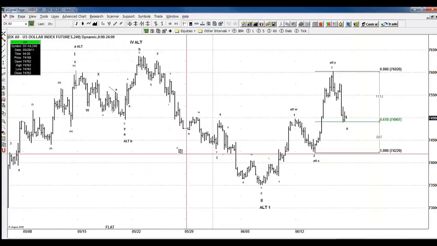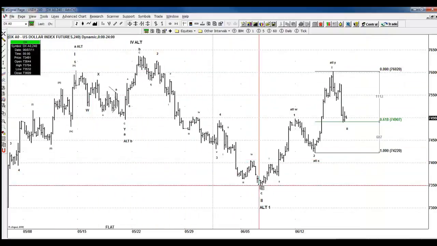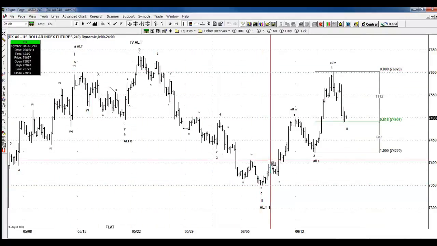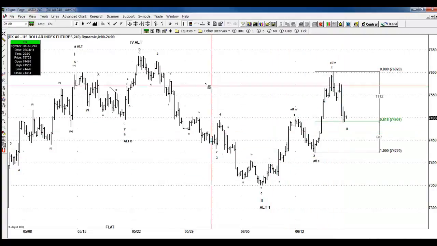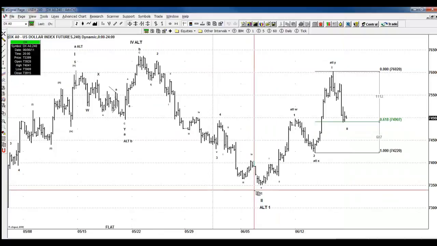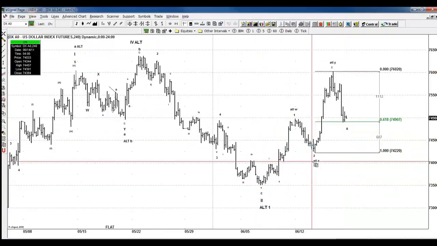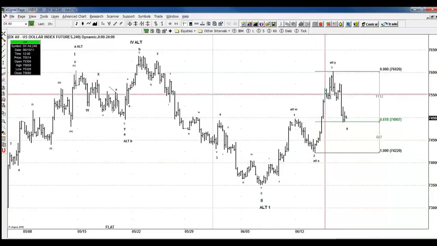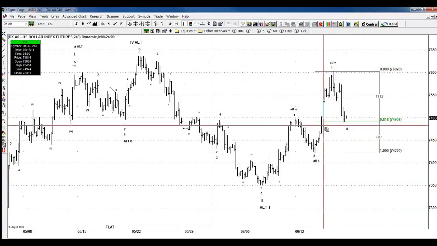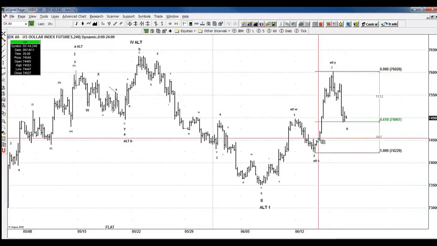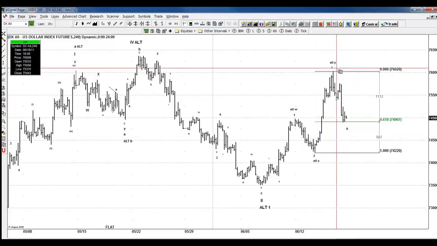Everybody knows that this can be both counts. From here we can go 1 2 1 2 1 2, or from here we can go A B C W S, and to be honest with you, I don't see an ABC here. This looks more like a bullish US dollar count.